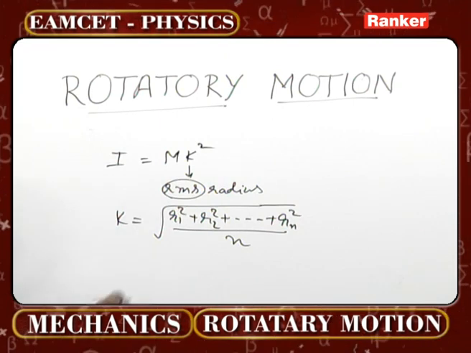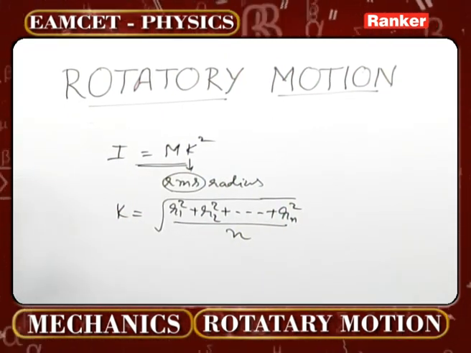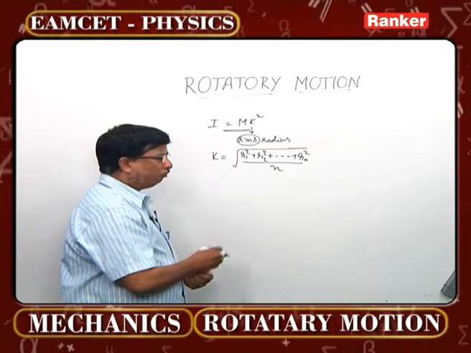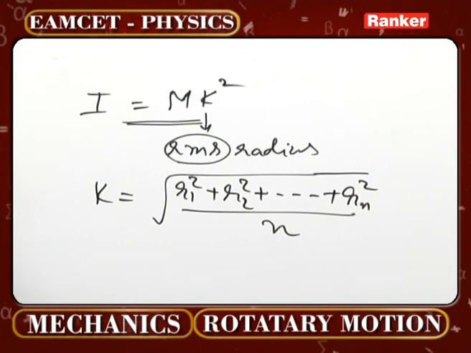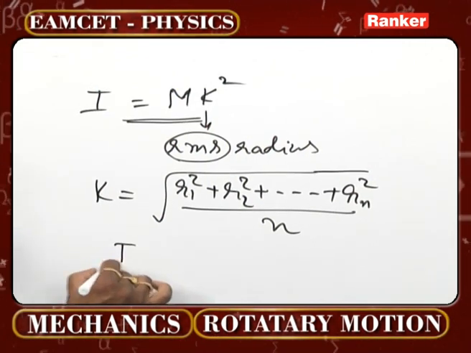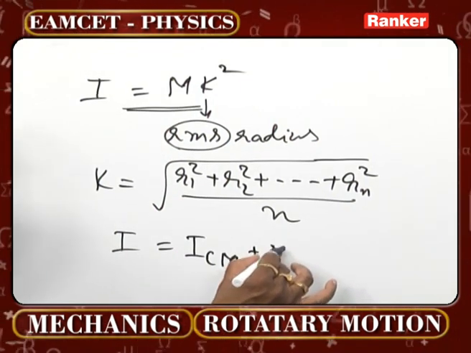So while discussing moment of inertia, we have to remember two different theorems. One is the parallel axis theorem and one is the perpendicular axis theorem. For the parallel axis theorem, I is equal to I_CM plus m r square.